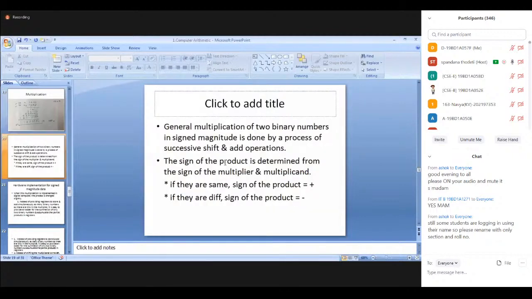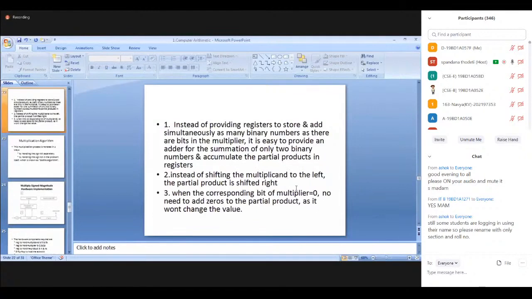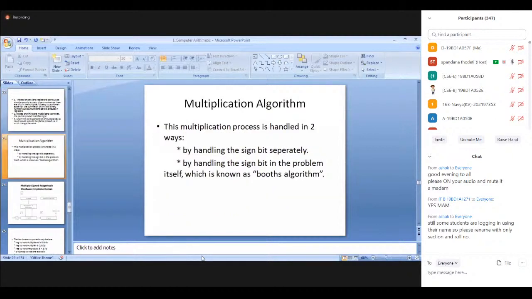That is the reason whenever the multiplier value is 0, you will not add any 0 to the partial product. That means you will just skip that bit of the multiplier if it is a 0. So these are the 3 different changes in the multiplication operation.